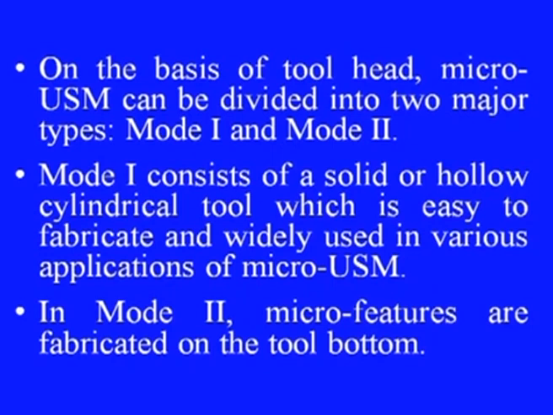In mode 2, micro features are fabricated on the tool bottom. The tool functions as a pattern and it travels vertically towards the workpiece, and therefore, micro features can be replicated onto the workpiece in one sinking operation.